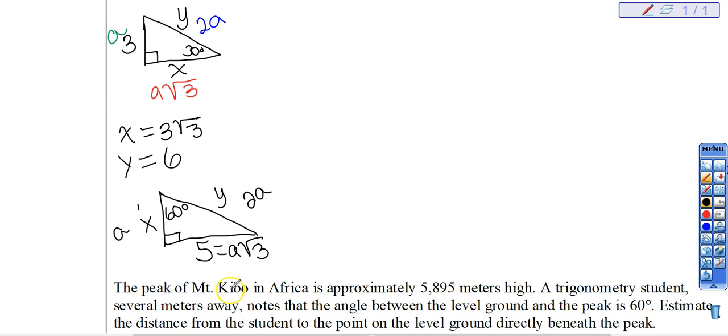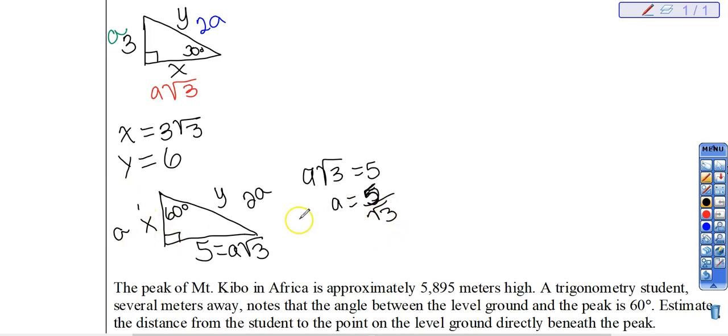I think dividing by the square root of 3 is a great idea. Let's do that. So we would go, all right, so a square root of 3 equals 5. So a equals 5 over the square root of 3. Now your calculator, when you plug that in, will rationalize for you, but I'm okay with you having this answer for now.